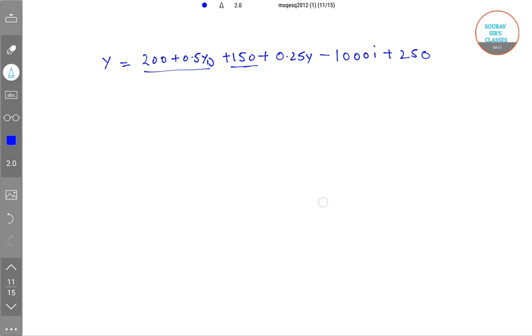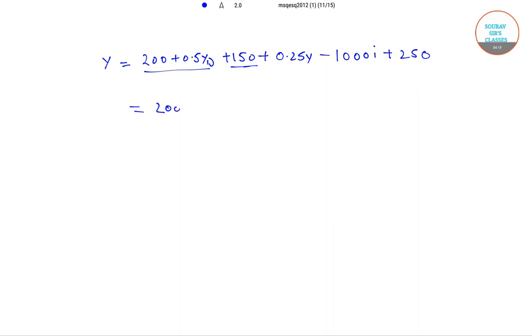So here we will simply equate it with 200 plus 0.5 (Y minus 200), plus 0.25Y minus 1000I plus 400.